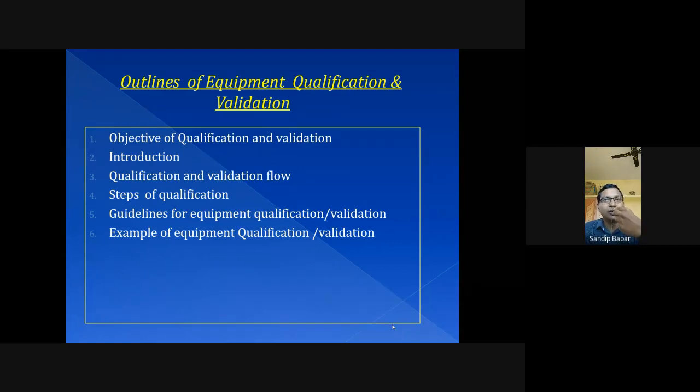At first will be objective of qualification and validation, then introduction, third point is qualification and validation flow, fourth one is steps of qualification, fifth one is guidelines which are referred for equipment qualification and validation, and sixth one, some of the examples of equipment qualification and validation we have considered as a part of your syllabus, like pH meter, laminar airflow, and steam sterilizer or autoclave. Next slide, please.